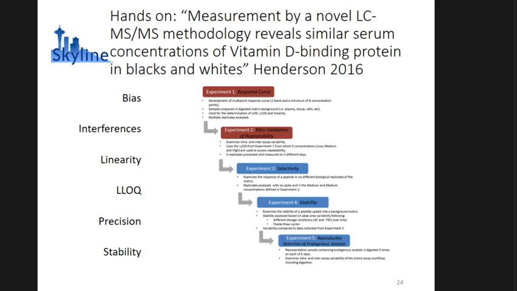Across all these different, you need differentiation.